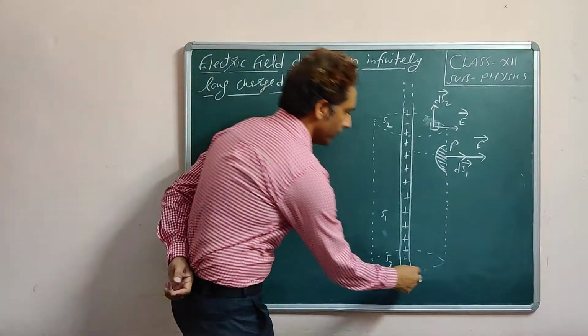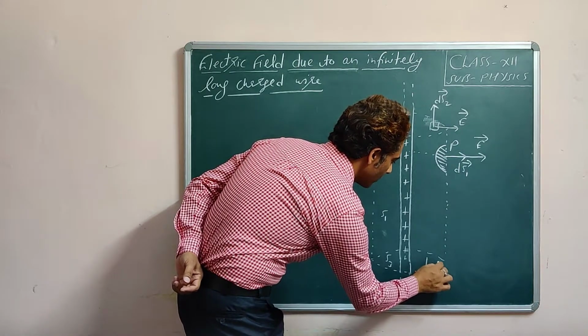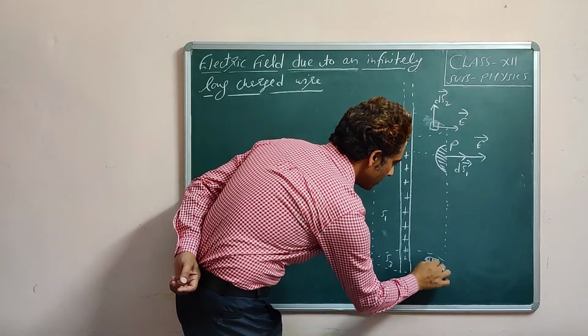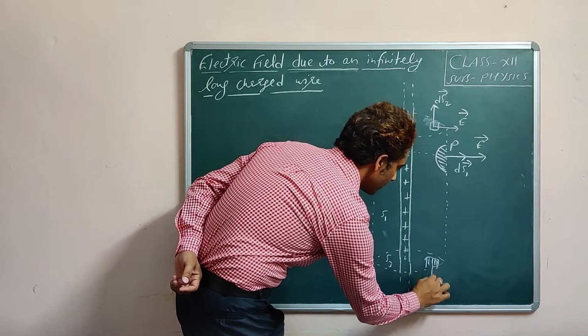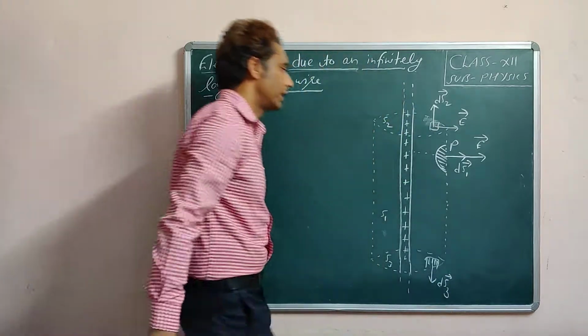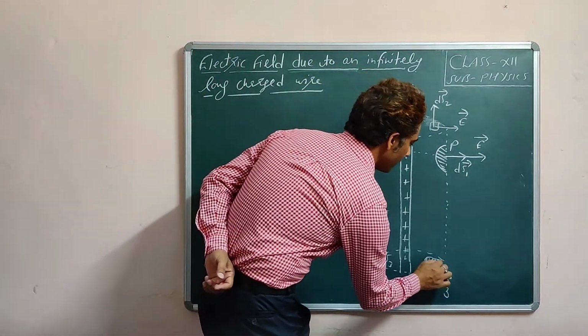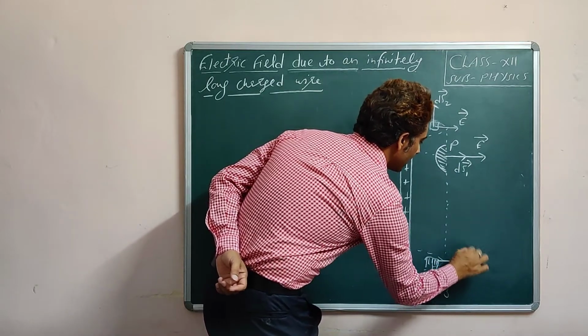If I draw area vector here, this area vector will also be outward. So let this area vector be ds3. The direction of electric field will be outward.